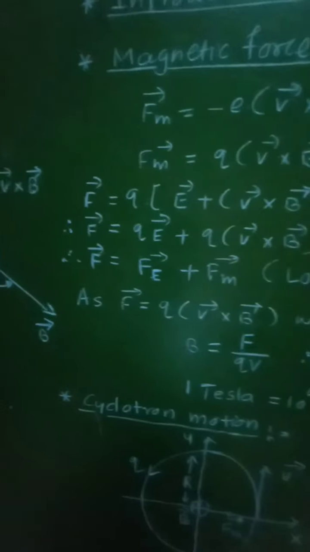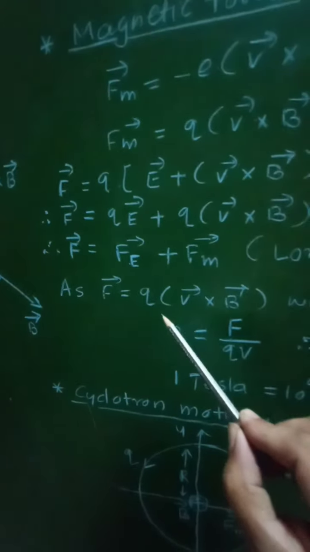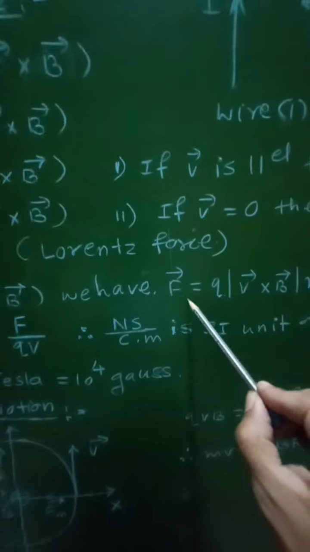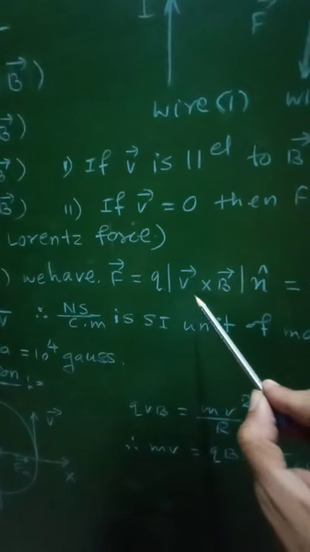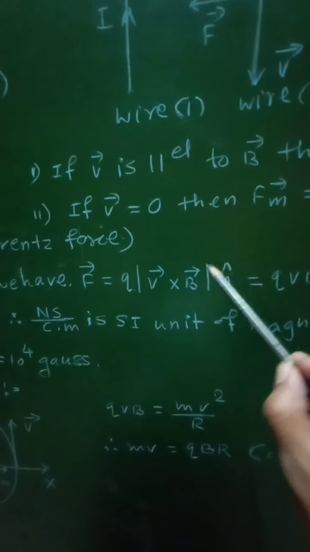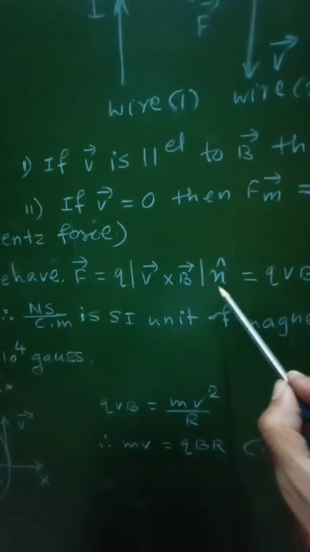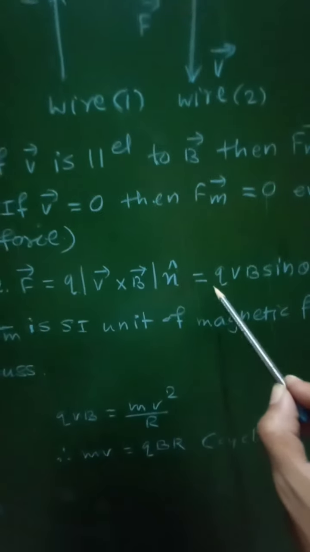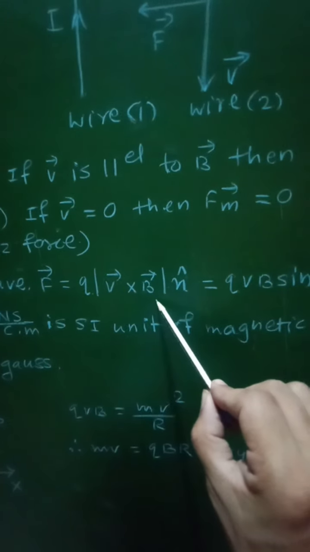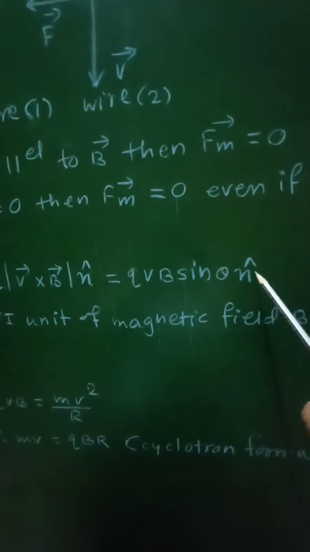Now, if you consider the force F as F is equal to Q into v cross B, we have F is equal to Q into magnitude of v cross B into n cap. Because v cross B is nothing but vB sin theta, that will be written as F is equal to qvB sin theta into n cap.